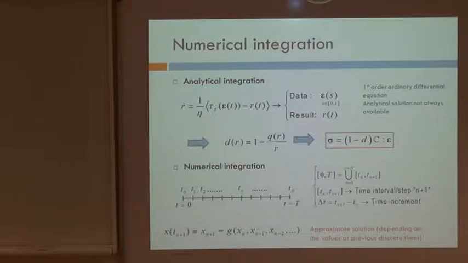By replacing it here, we will obtain the damage variable, and by replacing into this equation, we will obtain the stresses in terms of the strains. By multiplying the elastic constitutive modulus C times epsilon, this would be the elastic stresses, the effective stresses, and by multiplying by the factor 1 minus d, we will obtain the damage stresses, the physical stresses.